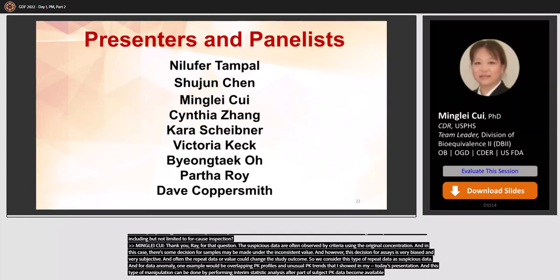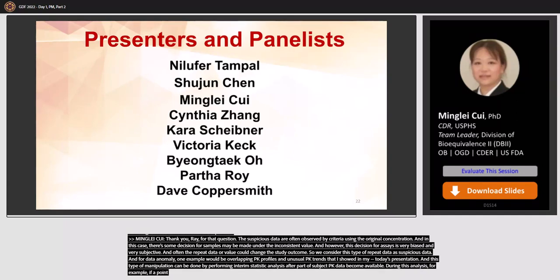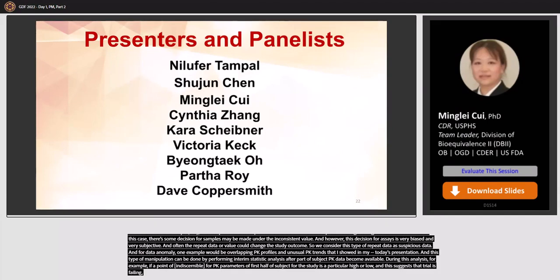During this analysis, for example, if the point estimate for PK parameters of the first half of subjects is particularly high or low, suggesting that the trial is failing, then this initially analyzed sample can be reanalyzed under a new subject identity, typically with a test or reference treatment switch, in order to bring the point estimate close to 1 and make a study pass.